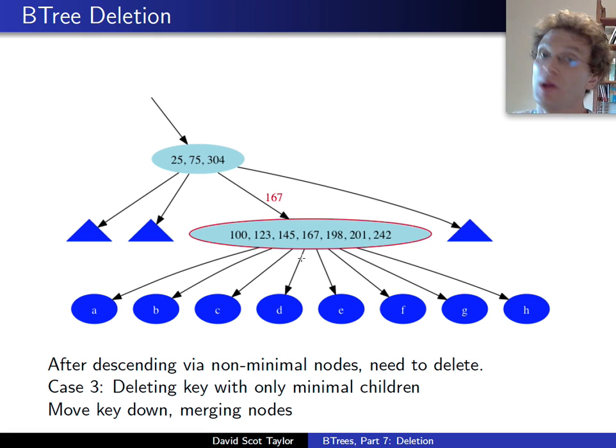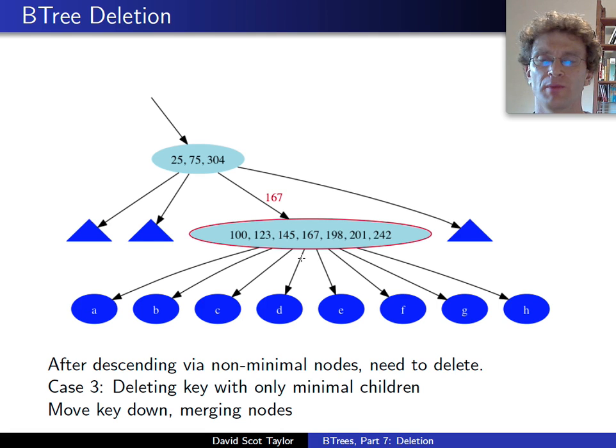Great. I moved 167 down, and it's lower in the tree. So as long as I can always tell you how to get one level lower in the tree, we're pretty much done. And that's what we've done here.